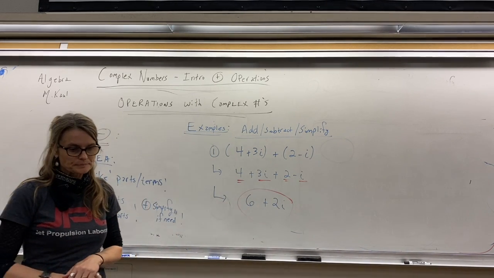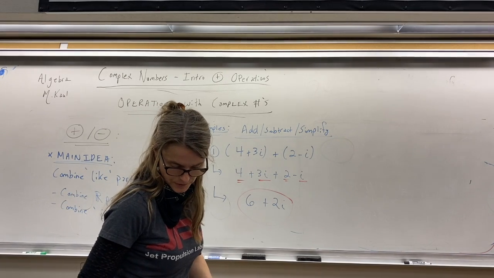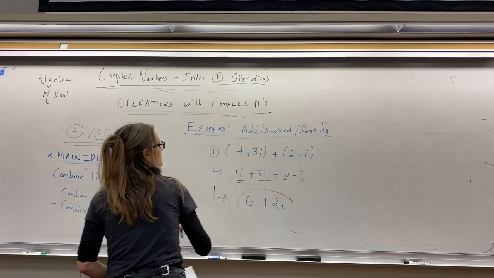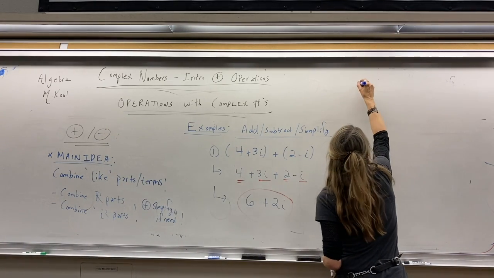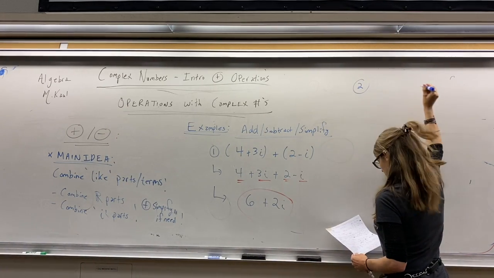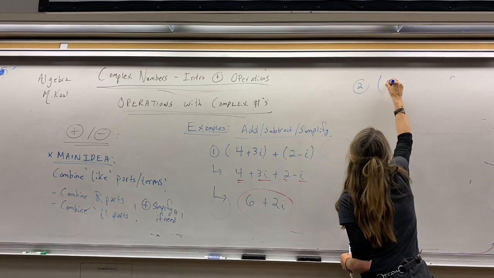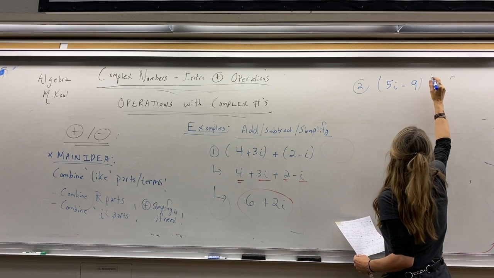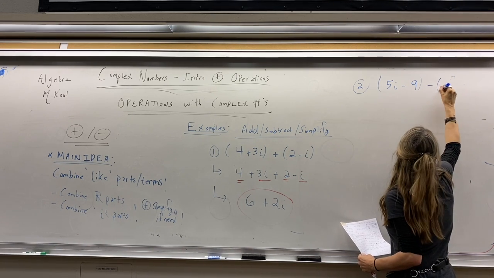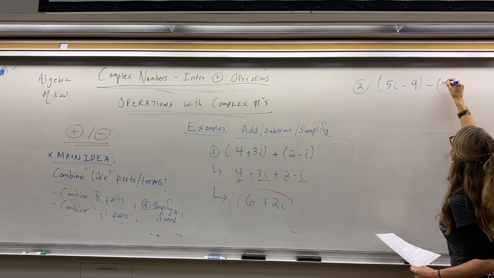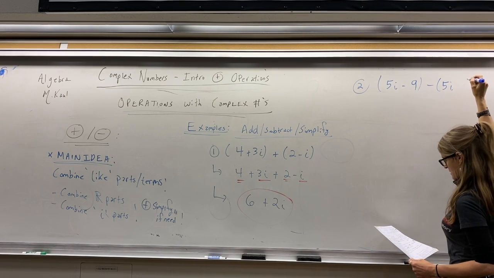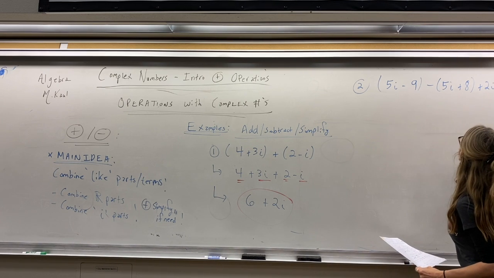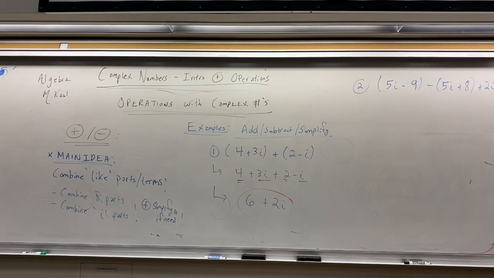Not bad at all. Okay, so what if we have something like 5i minus 9 minus 5i, and we can add a bunch of terms here.